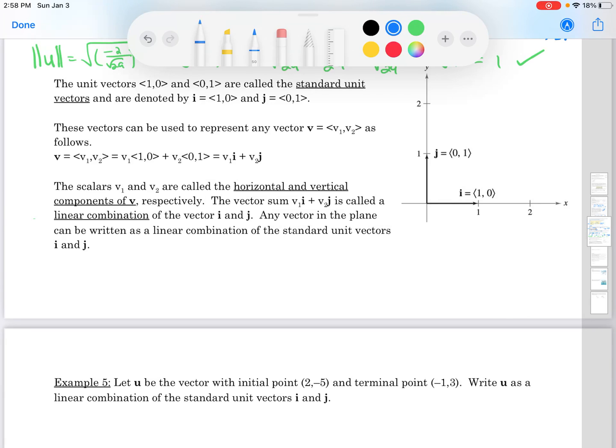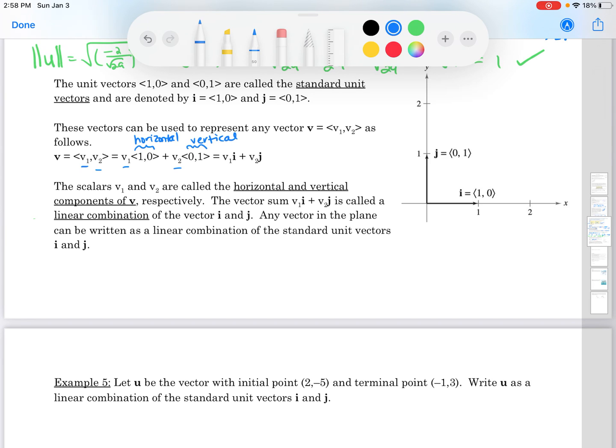The unit vectors 1, 0 and 0, 1 are called the standard unit vectors, and they're denoted by the letters i and j. These vectors can be used to represent any vector v as follows. We can take the components of v, v1 and v2, and really just turn them into scalars. One represents the horizontal, and the other represents the vertical.